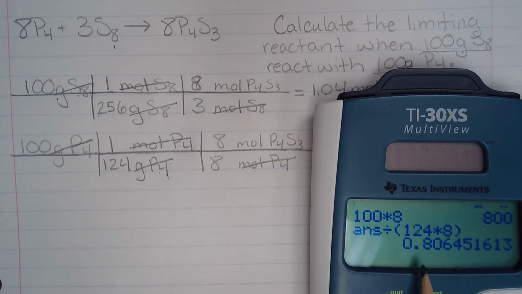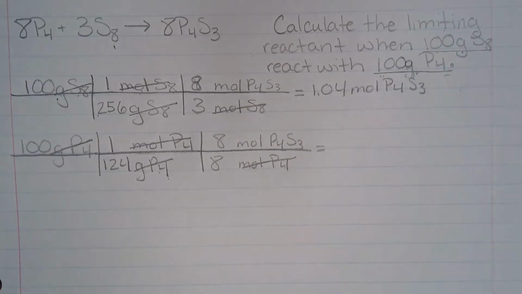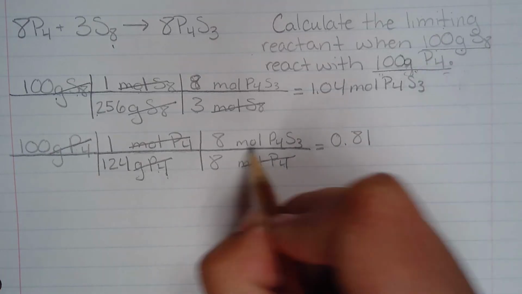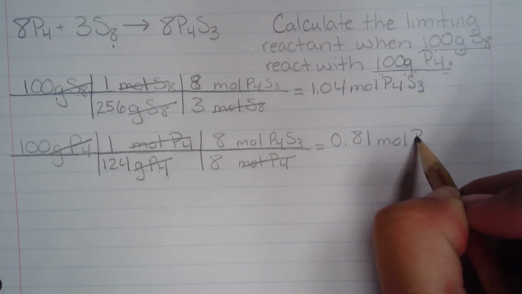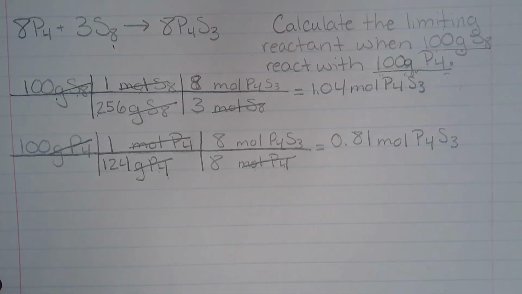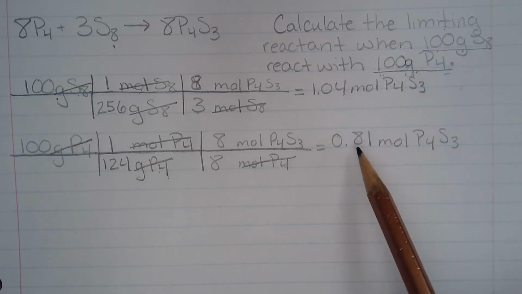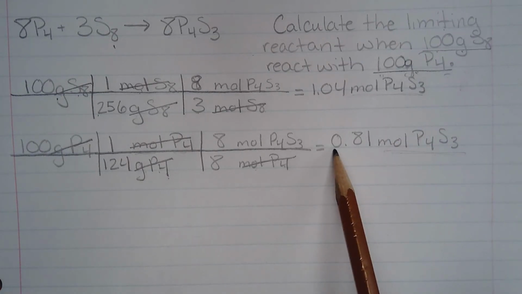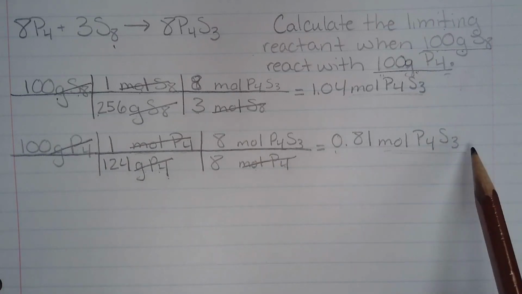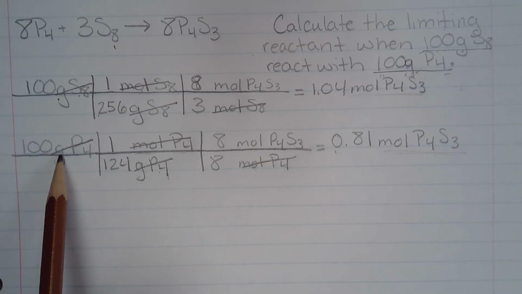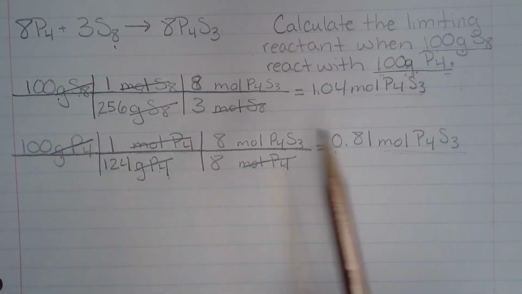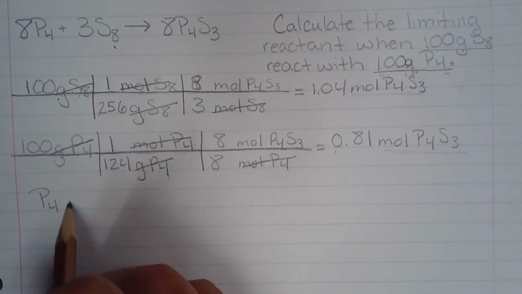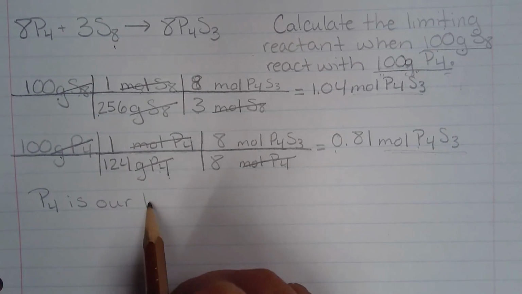When we do this, we get 0.806, so 0.81, and our units are moles of P4S3. So if we look at these, we can compare them because they have the same units. This one made less, so this is our limiting reactant. We trace it back: P4 produced less P4S3, therefore P4 is our limiting reactant.